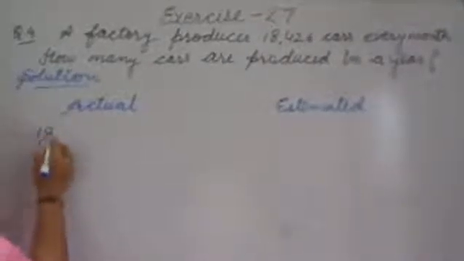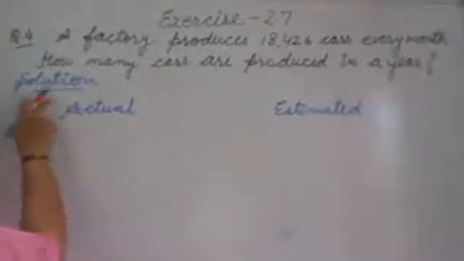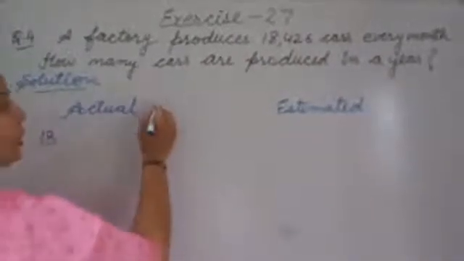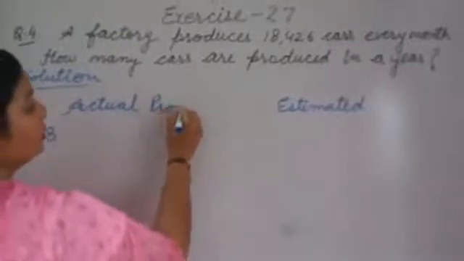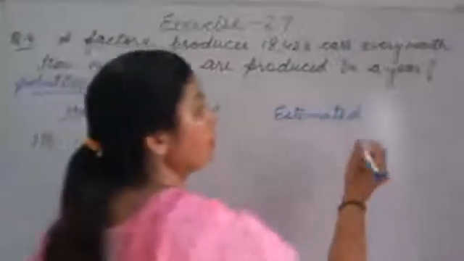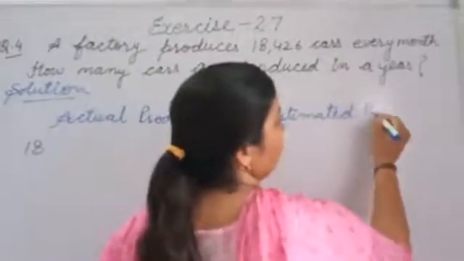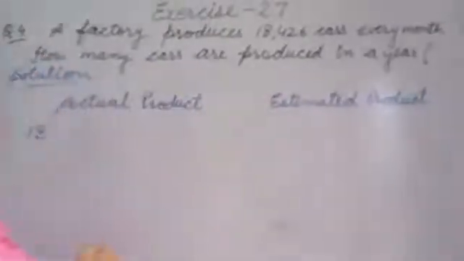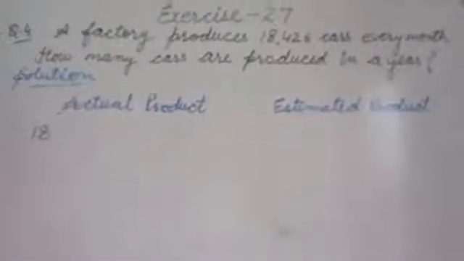Here we write, start solution, actual. But the multiplication answer is called product. So we write here actual product and estimated product.